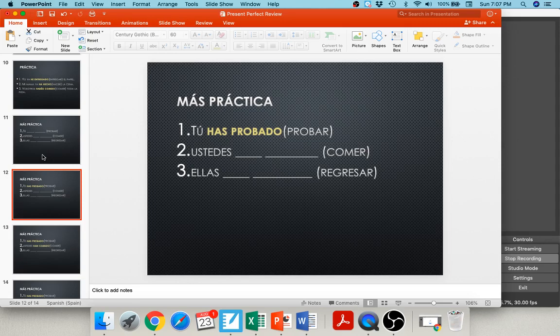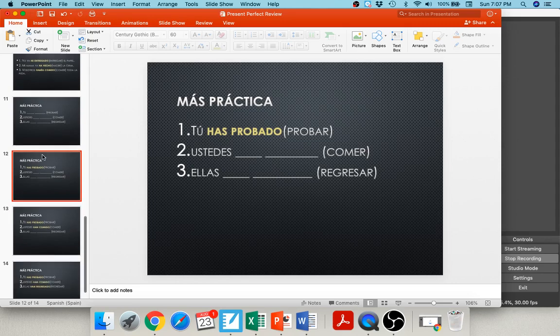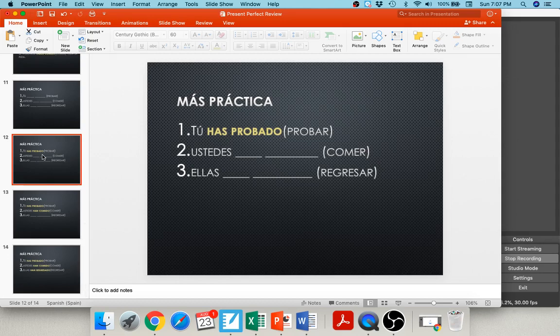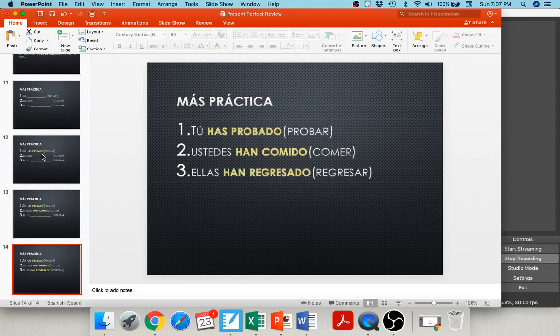To say that you all have eaten, the haber word to go with ustedes should be han. For comer, we chop off our ER and add ido. Ustedes han comido. And for number 3, ellas and regresar, to say that they have returned, the haber word to go with ellas would be han, and regresar becomes regresado.